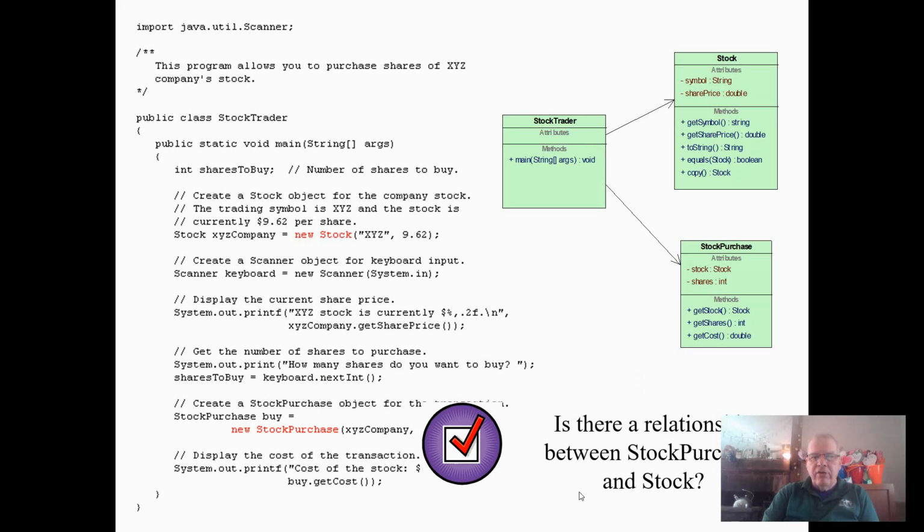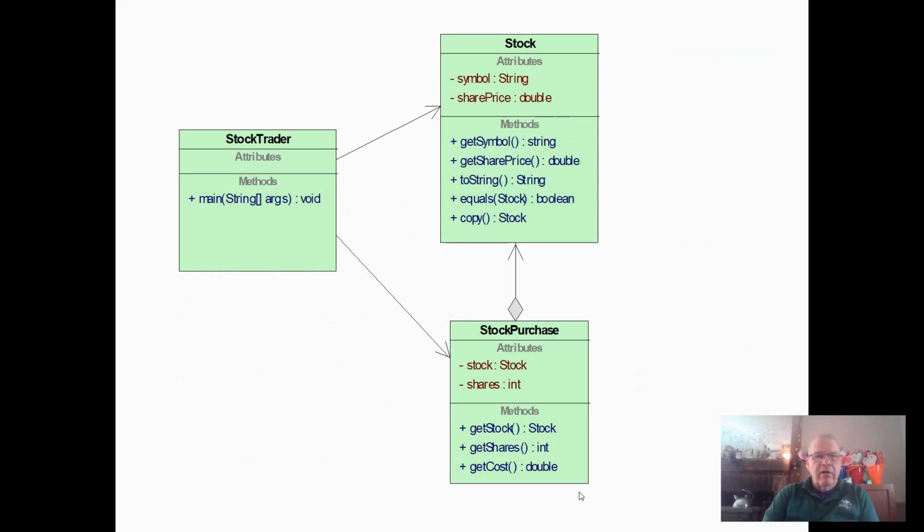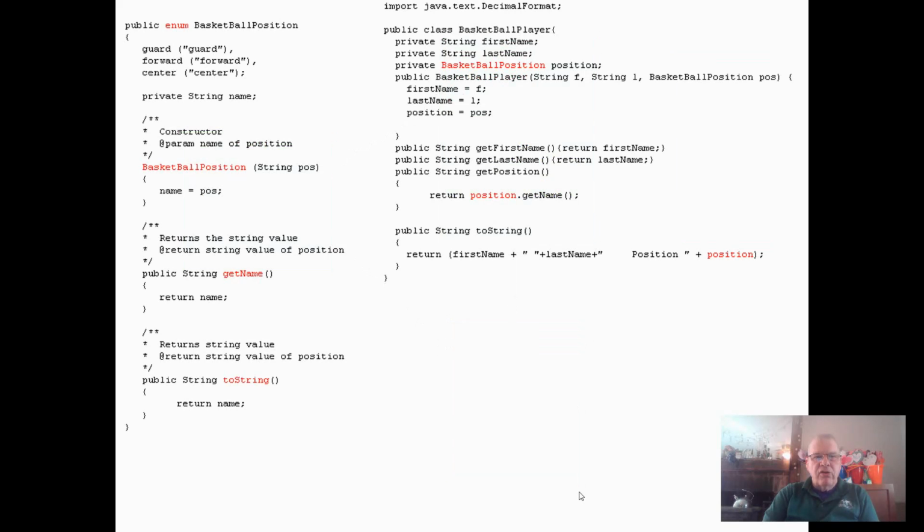There's no direct relationship between StockPurchase and price and Stock, except via the StockTrader. In this example, it creates an aggregation relationship.